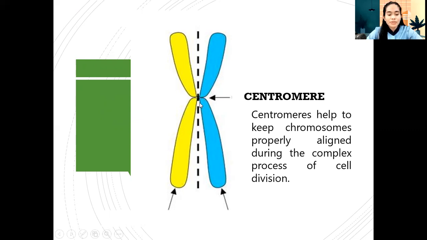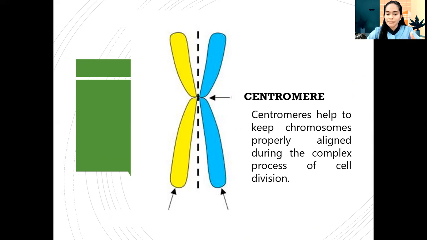Okay? So the chromosomes will be separated from each other, causing multiple mutations. Okay? So magkakaroon ng halo-halo. Genetic mix-up ang tawag natin doon. Magkakaroon tayo ng madaming halo-halo. And there will come a time that these mutations will actually cause defects on the organism that will arise.